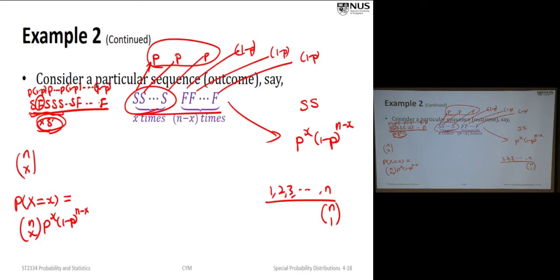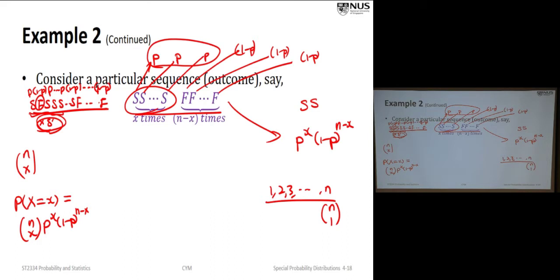Your wonderful graphic calculator can give you this probability. I want you to understand, or at least know, how this formula is obtained. It basically divides into two parts. First of all, you fix a particular sequence with the number of successes fixed. To make it simple, I put all the successes as the first X, and then the rest failures.